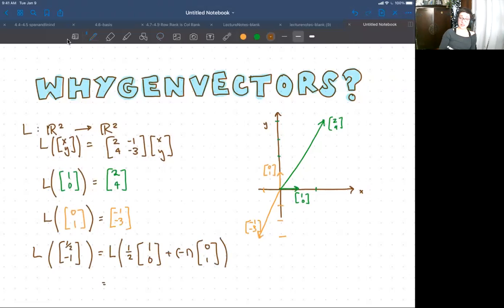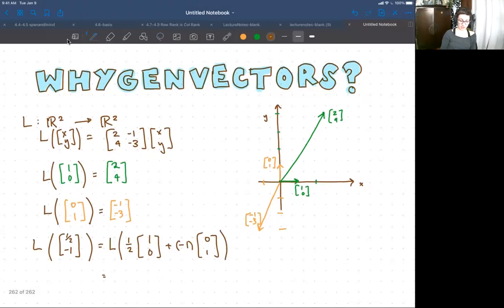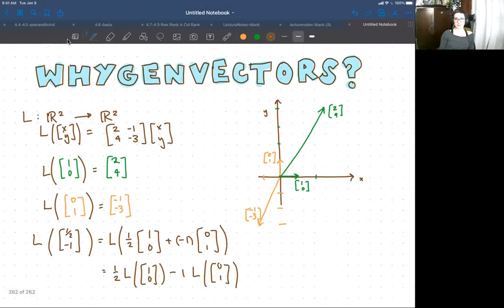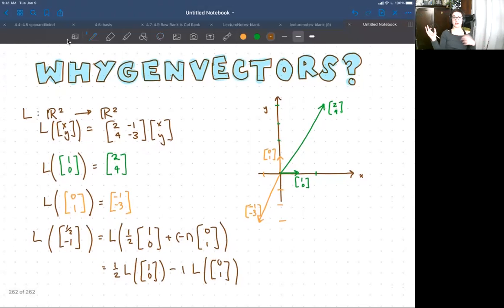Using the fact that linear transformations preserve scalar multiplication and vector addition, this becomes 1/2 L(1, 0) minus 1 L(0, 1). I can start cooking up what this vector is going to look like by adding scaled versions of my long green and long orange vectors here.